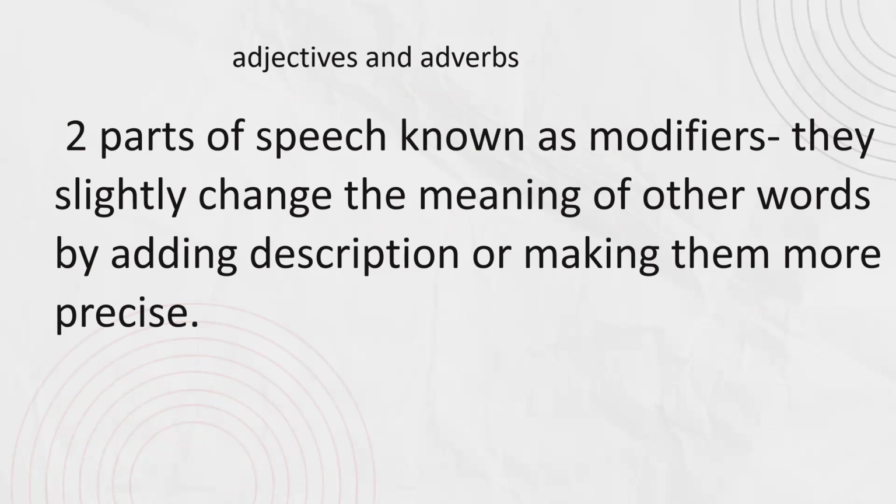With the use of adjectives, we add description to a noun or we make it sound more precise. So for example, as you can see, there are different books on that shelf, right? And I ask you to bring me one of the books.